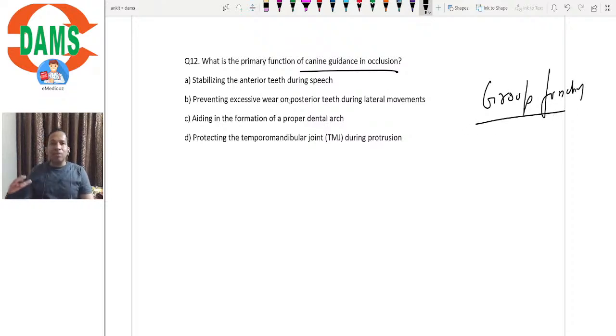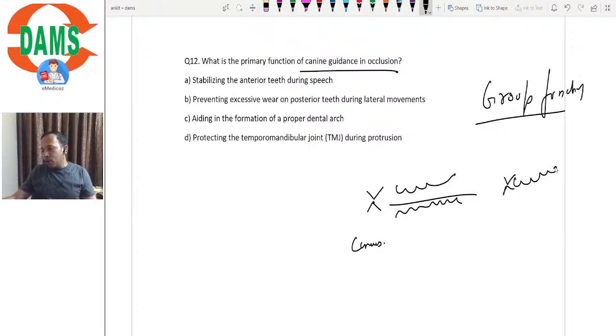When you make a lateral excursion, moving your mandible laterally to the left or right, if all the posteriors are disoccluded and the contact is between just the upper and lower canines, then this is canine guidance. But if along with the canine, all the posterior teeth are in contact, then it is a group function, isn't it?